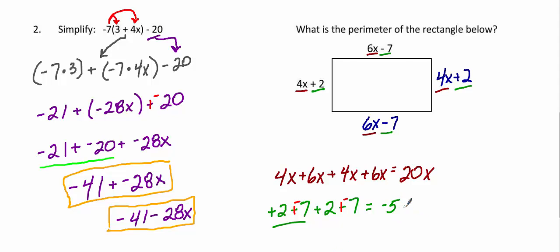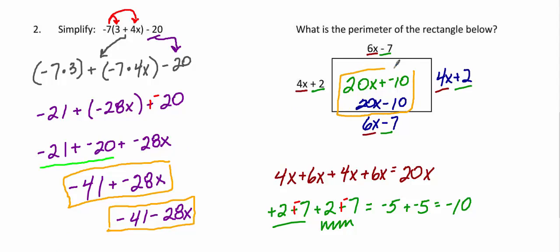I'm left with negative 5 plus these two. And I get the same answer. 2 positives, 7 negatives, negative 5. All together, I have negative 10. And that's part of my final answer. My final answer is 20x plus negative 10. Or if I wanted to, I could write that final answer as 20x minus positive 10. Either one of these is correct because they both show the same quantity.